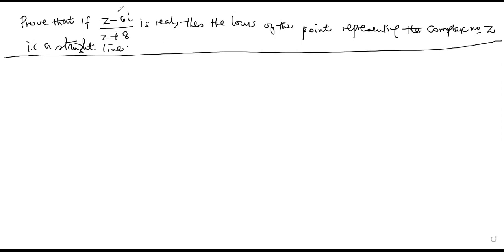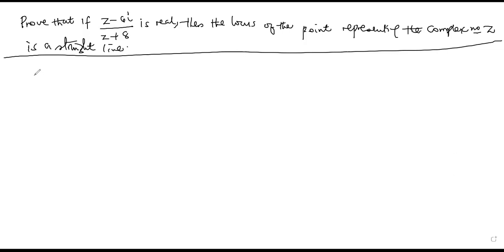What you need to know about this number is, if this is real, then it means that the imaginary part is 0. So you first work on this, then you equate the imaginary part to 0. So how do we come about this question?